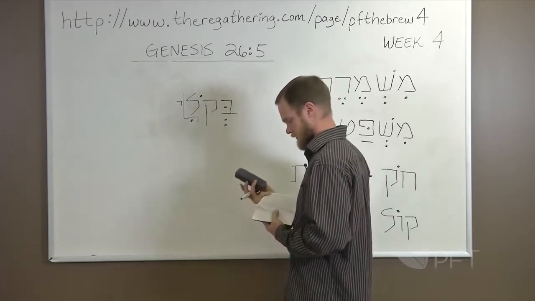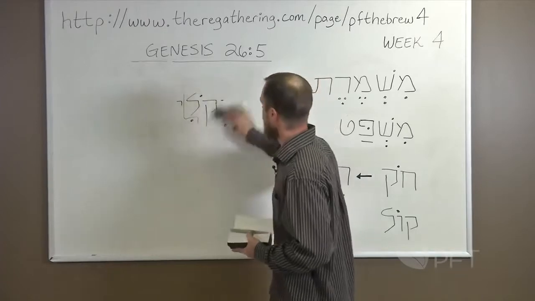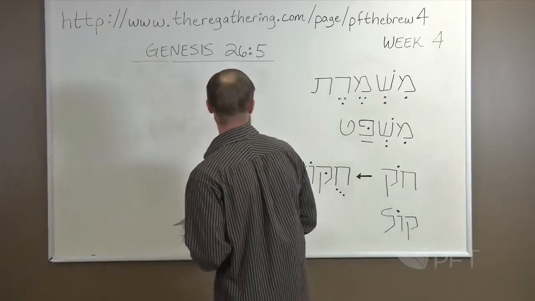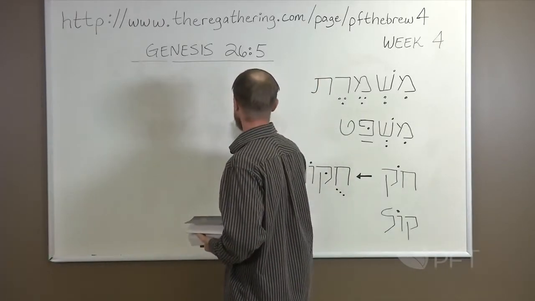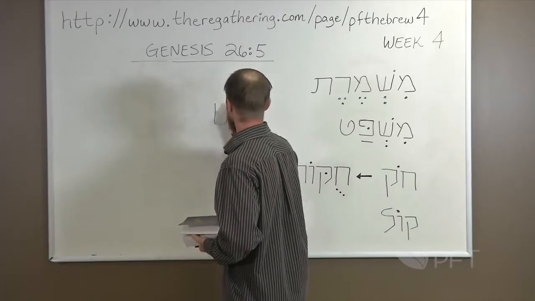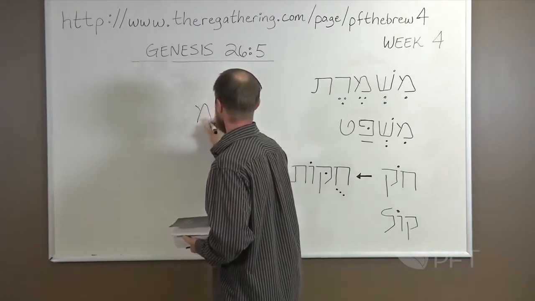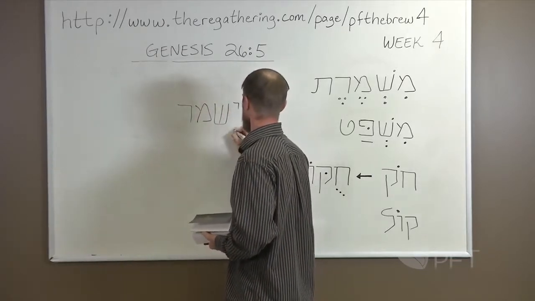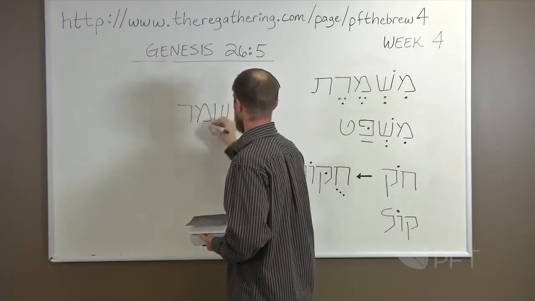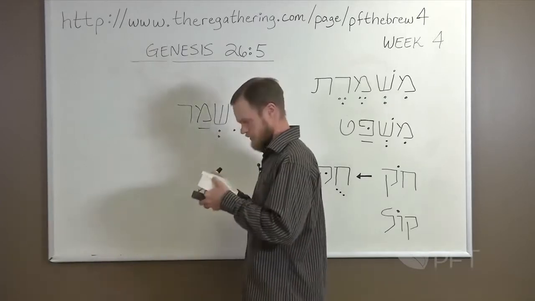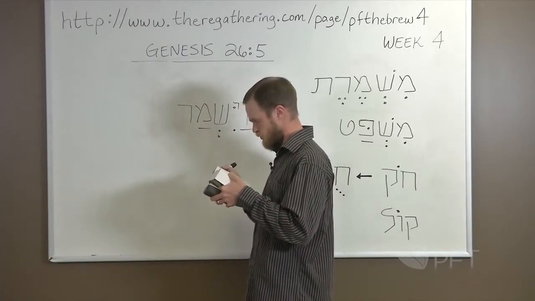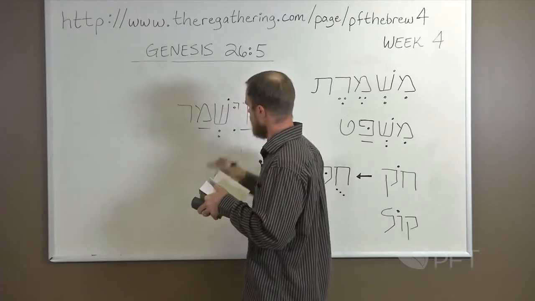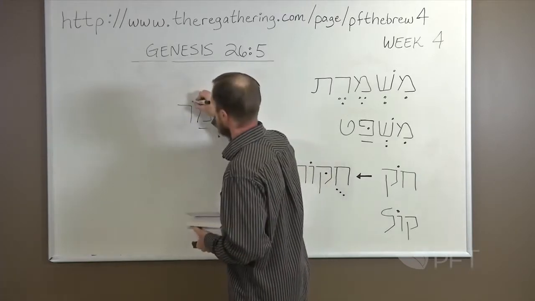Vayishmar. Yes, vayishmar. All right, and we saw, of course, shmar before. But now, Deuteronomy 11 was talking about future tense. And that is Vayishmor.